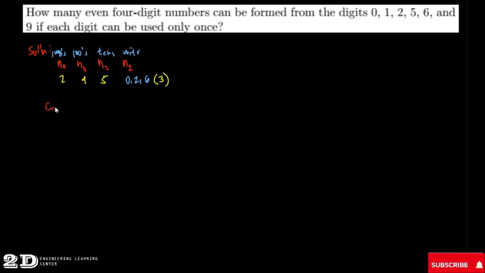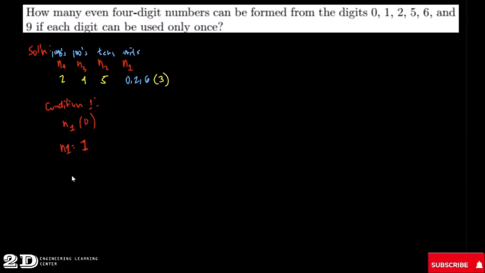So we have here condition 1. Our N1 is 0. So the position for the units place is 0. Therefore, our N1 will have only one choice, that will be 0.